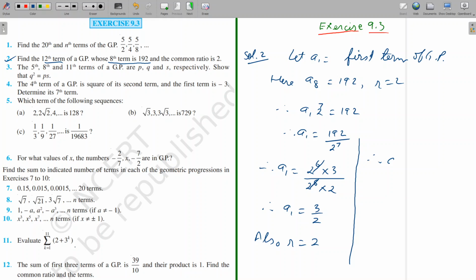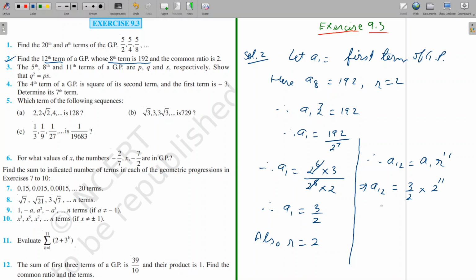So a_12 will be equal to a_1 into r raised to n minus 1. What is n here? 12. So r raised to 12 minus 1, that is 11. This implies a_12 equals a_1, which is 3/2, into r, which is 2, raised to 11.